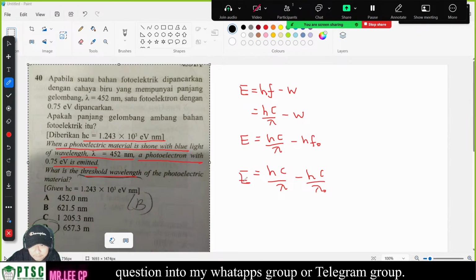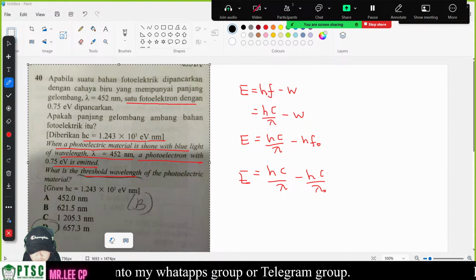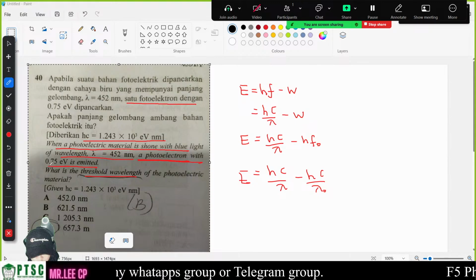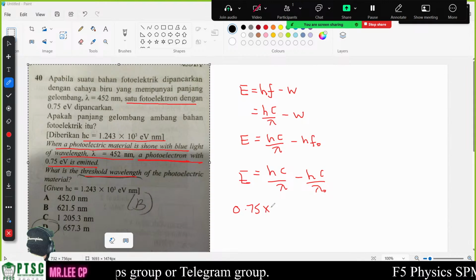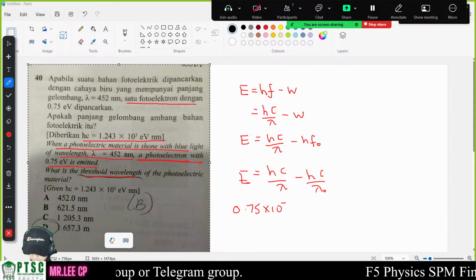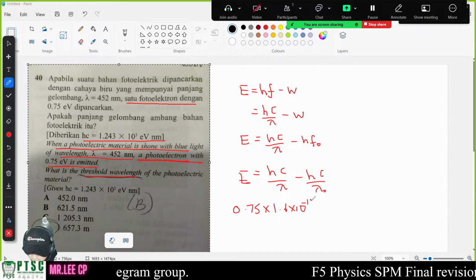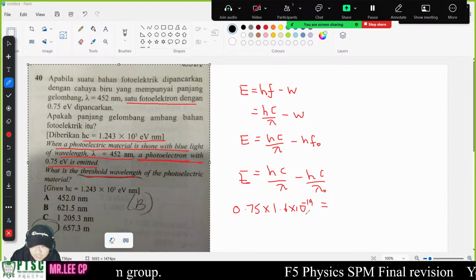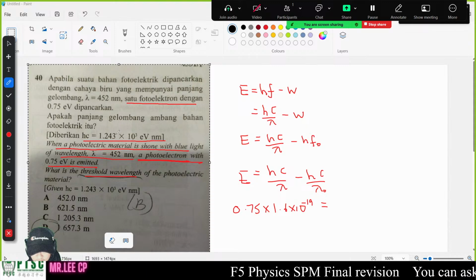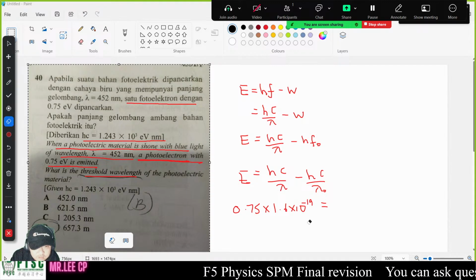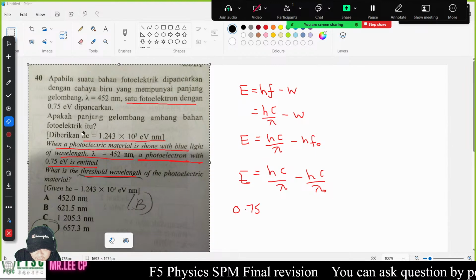Should be okay. Now I'm going to substitute in 1 photon. The energy is 0.75 electron volt. Oh wait, no need to change it to joule, because hc is given in electron volt nanometer.